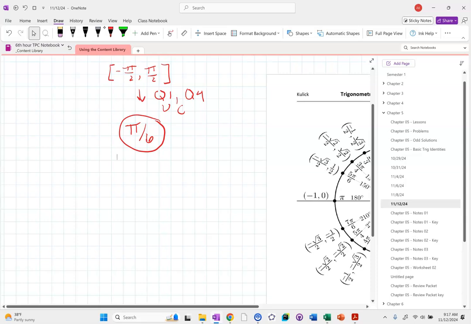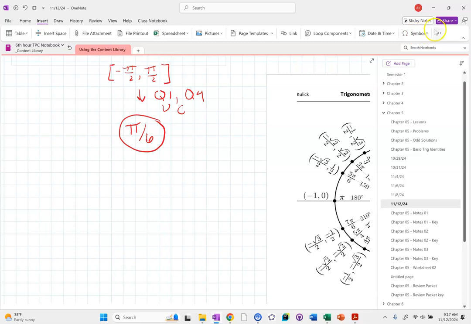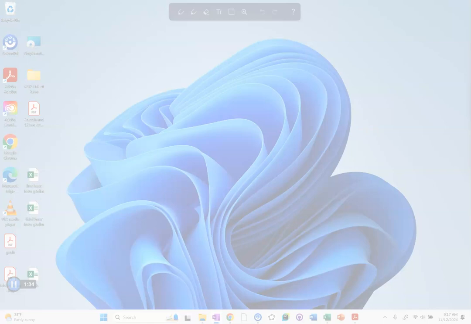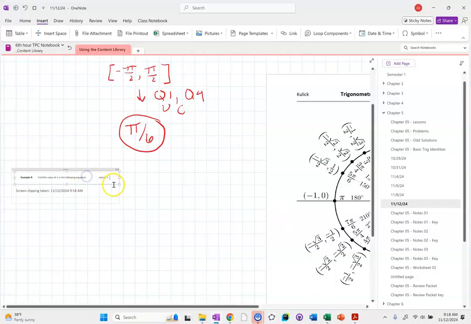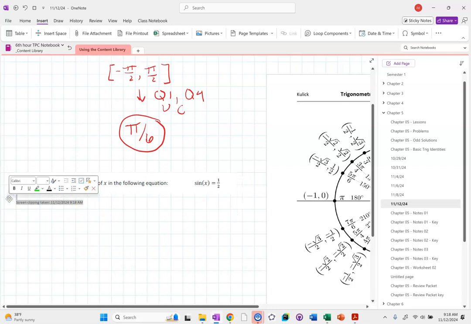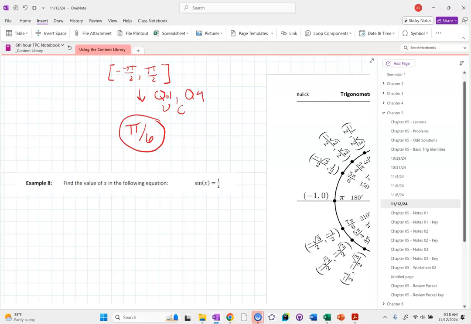Now, the next type of problem that we looked at in chapter 4 was a problem like this, but then we tacked on the extra, like, you know, from like pi over 2 to 3 pi over 2 or something, right?